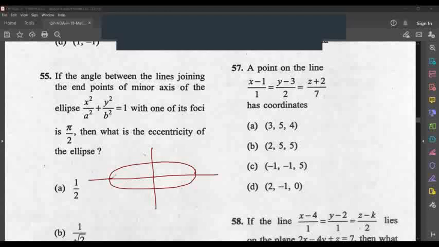What is the angle they are giving? The angle between the lines joining endpoints of minor axis, so this one, with one of its foci, is pi by 2.